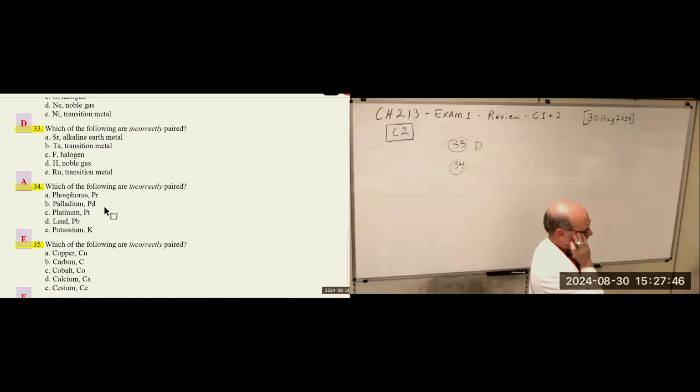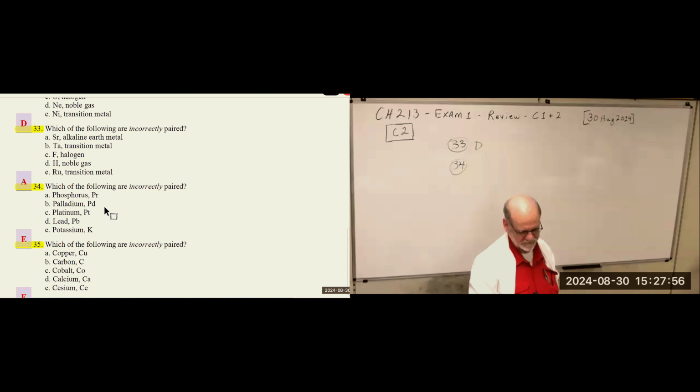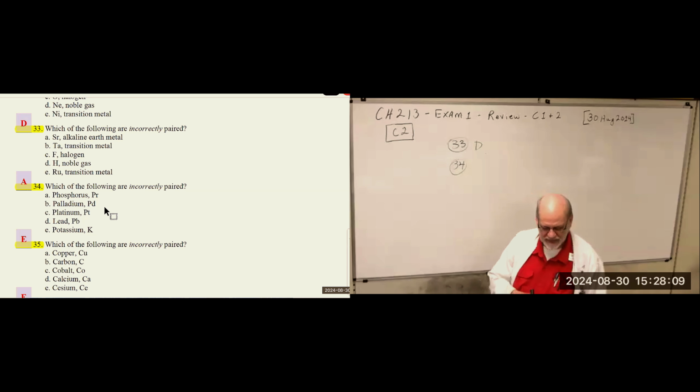One of them is praseodymium, the other is protactinium, and I always get them confused. So Pr is not phosphorus. Phosphorus is just P. Right. So A is the wrong one here.